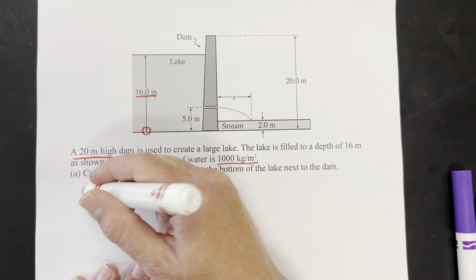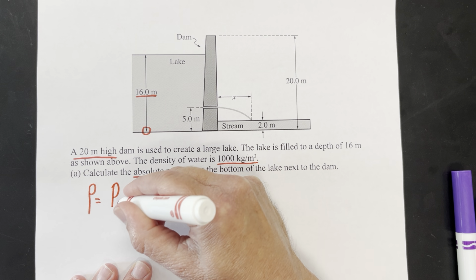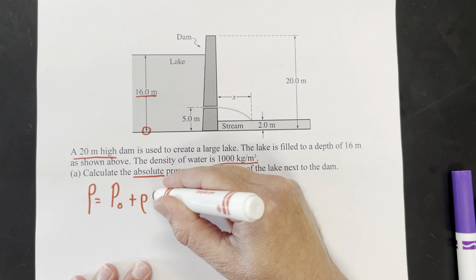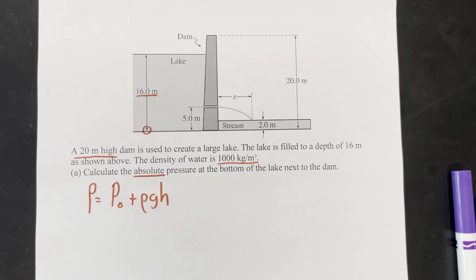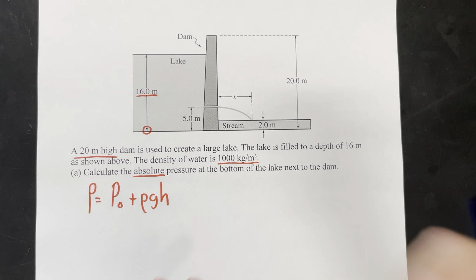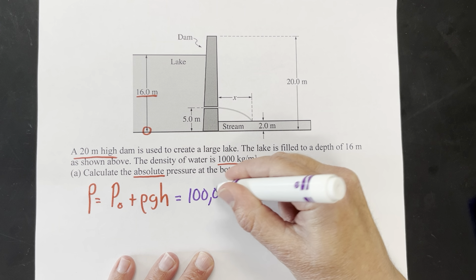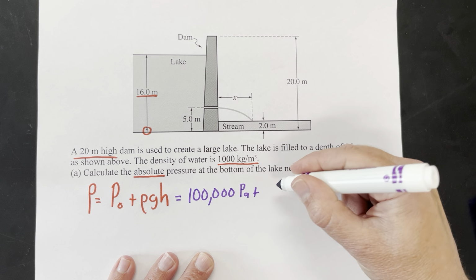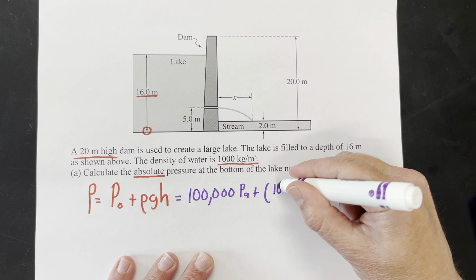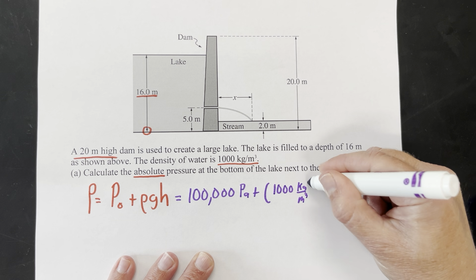So it's pretty easy to find the absolute pressure. The absolute pressure is simply the atmospheric pressure plus the density of the fluid you're in times gravity times the depth that you are down in that fluid. And so all we've got to do is simply plug in for each of these values. The atmospheric pressure is 100,000 pascals. We'll add to that the density of water, which is 1,000 kilograms per cubic meter.